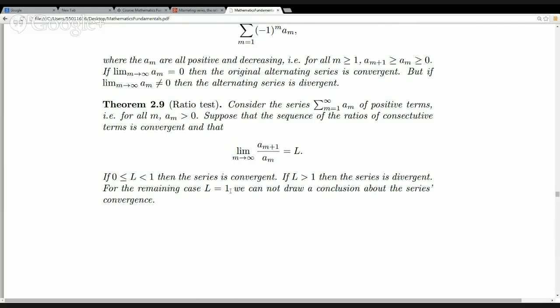However, this borderline case of having this limit L being equal to 1, there it's hard to reach a conclusion, because the terms of the series are going to be approximately the same, each term approximately the same as the one that came before it.